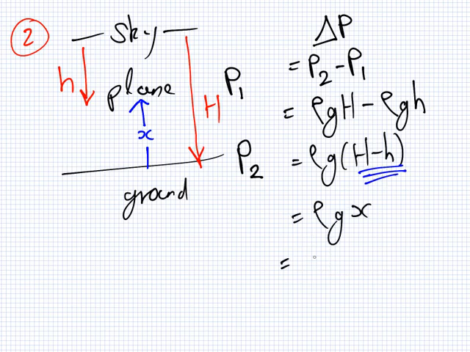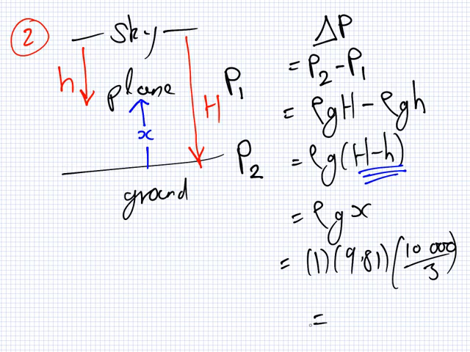So in this example it'll be 9.81 and then 10,000 over 3. So that would be 9.81 times 10,000 divided by 3. Now that's the difference in the pressure, which is 32.7 kilopascals.